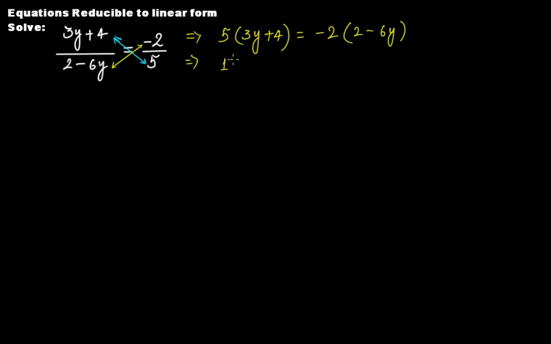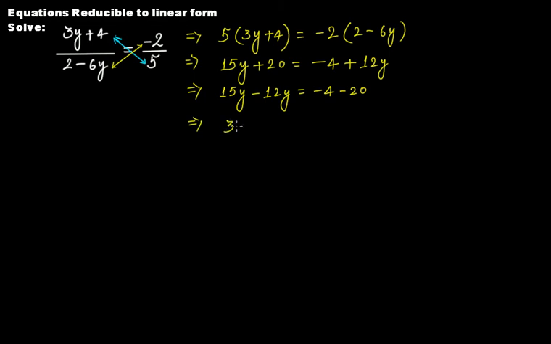This is 15y plus 20 is equal to minus 4 plus 12y. If you transpose 12y to the left hand side, you get 15y minus 12y. At the same time, you transpose 20 to the right hand side, you get minus 4 minus 20.